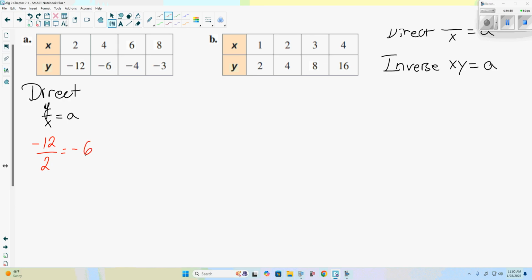Negative 6, yes? Okay, let's go to the next one. Negative 6 over 4. It would reduce to negative 3/2, yes? They're not the same. We do not have the same constant amount, do we? Because it's negative 6, negative 3/2. So that tells us direct variation is not it. It is not varying directly.